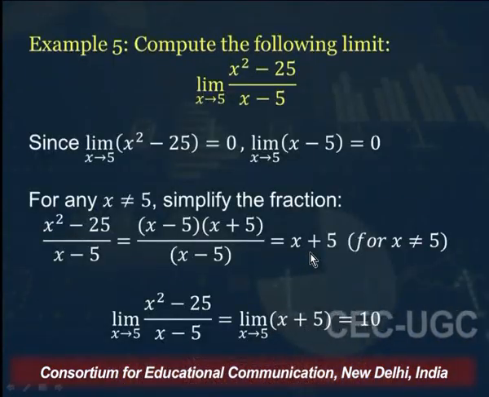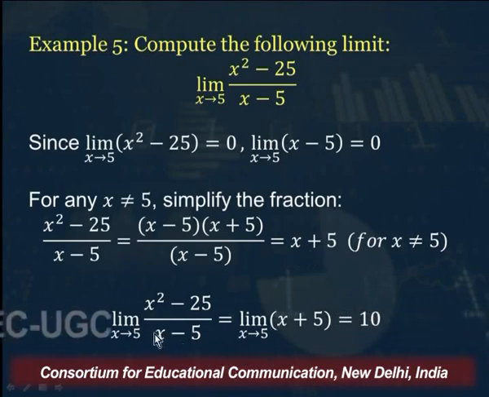But if you remember the second visual that I showed you in the beginning of the video, you can scroll back to that, there we had a hole in between. So for x equal to 5, the function is not defined. There's a hole at x equal to 5, that point on the graph. But for all other values, the graph is going to mimic the graph of this straight line x plus 5, and that is why you had this graph which looked like a straight line except for that hole there, right?